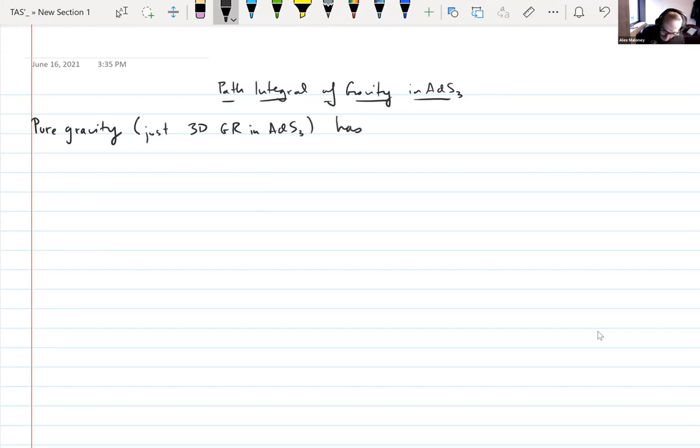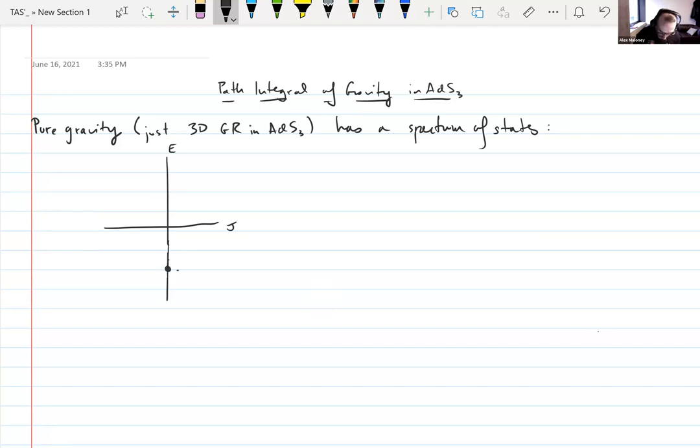So it has a spectrum of states that we could briefly describe with the following picture. Sorry, my pen is not working very well. So here I'm drawing the spectrum in the energy angular momentum plane.